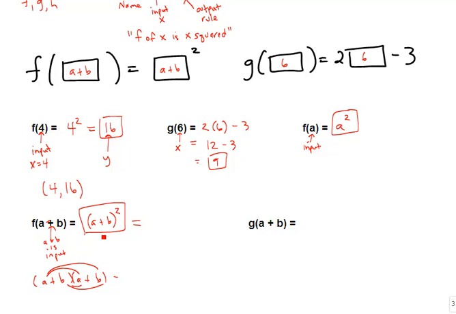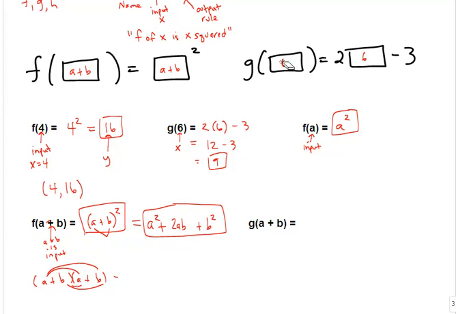So when you expand this out, what you're going to get is the a squared, the b squared, and that's always positive, and there's going to be a middle term, which is these two multiplied together, doubled. So a times b is ab, doubling it gives me 2ab, and since this was a plus sign in between, my middle term will also be plus. So both of these answers would be correct. This is just in the factored form, and this is in the expanded form.